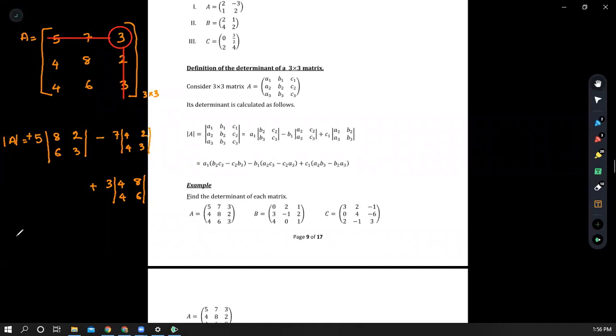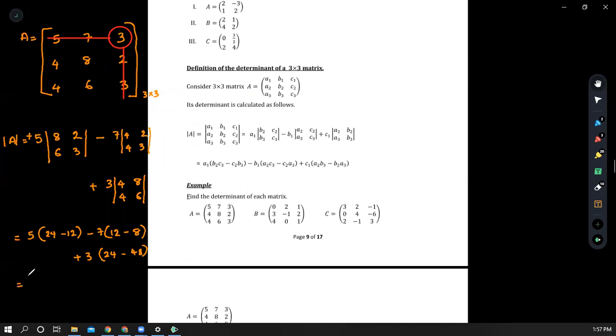Then what we can get here is 5 times, 8 times 3, 24, minus 6 times 2, 12, minus 7 times, 4 times 3, 12, minus 4 times 2, 8, plus 3 times, 4 times 6, 24, minus 4 times 8, 40.